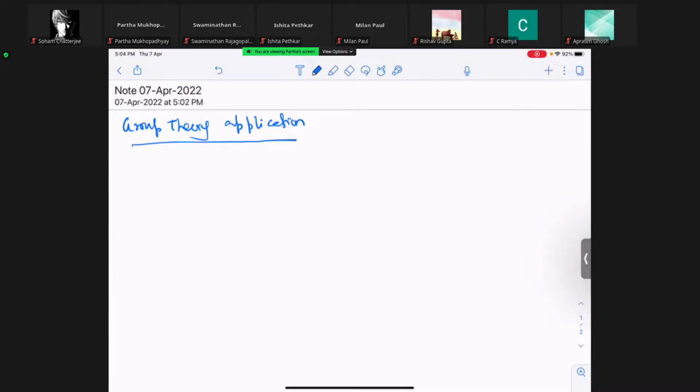Some people told me that they already have group theory from another course. In BSc, group theory is already covered to some extent. Is there any MSc student in today's class who has not done group theory, even starting group theory? Is there anybody from MSc in today's audience?